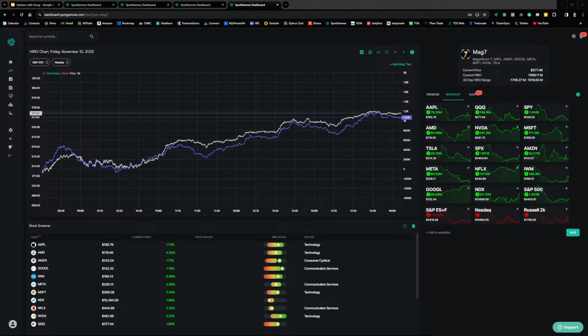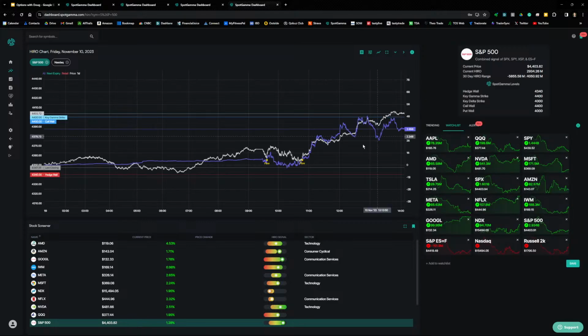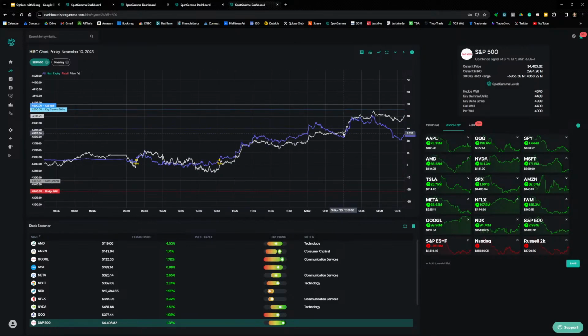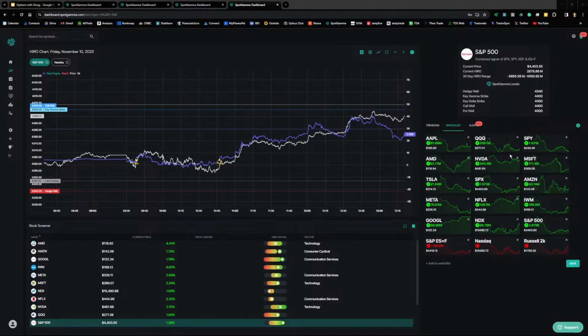And you know what I forgot to mention, let's go back to the S&P 500. For those of you who may not be familiar with this chart, this is the Hero signal, hedging impact real-time options, available from SpotGamma. This chart is showing price for SPX. It's also showing the Hero signal, again, hedging impact real-time options.